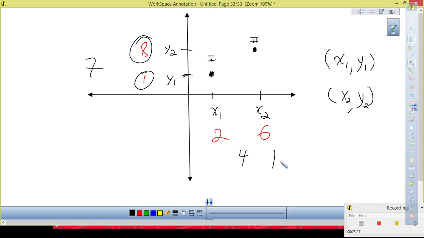So check this out. So to get my Y value, we did what? 8 minus 1. Is that correct? To get my X value, we do what? 6 minus 2. And that's where we get Y2 minus Y1 over X2 minus X1. You guys remember that one?